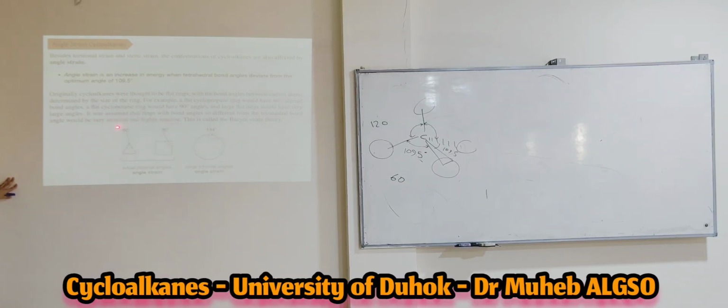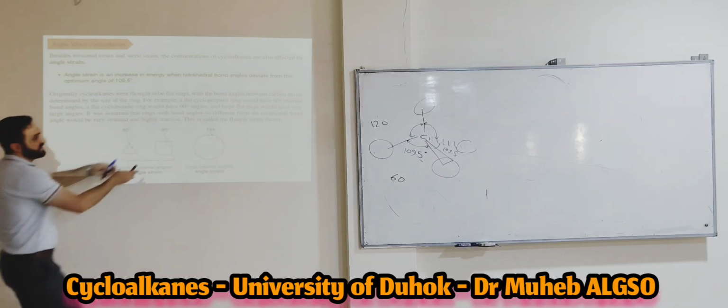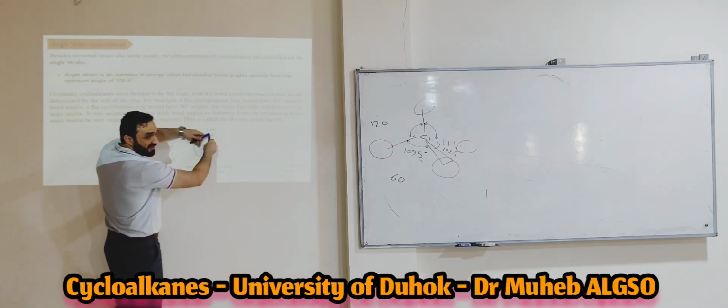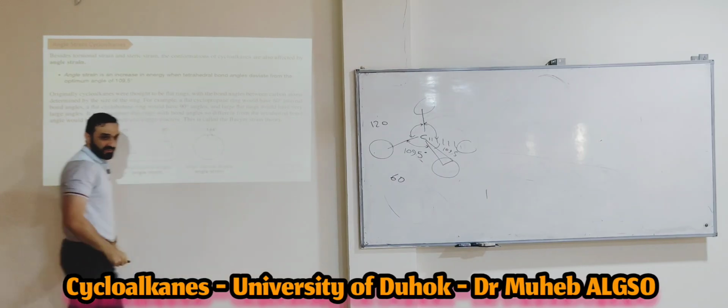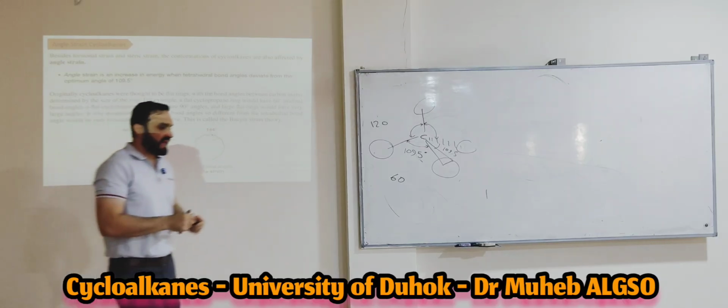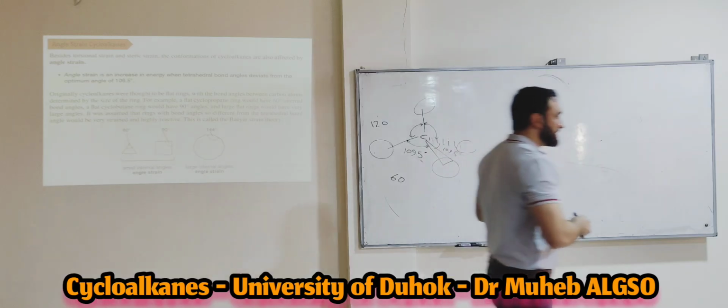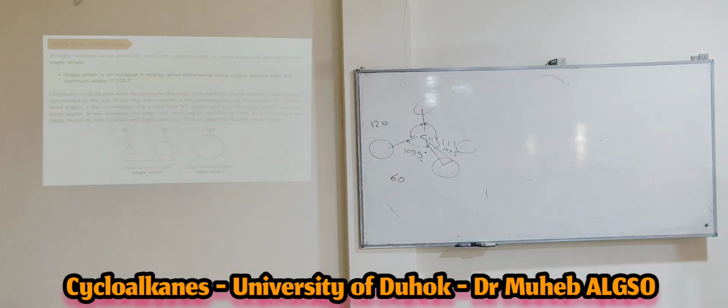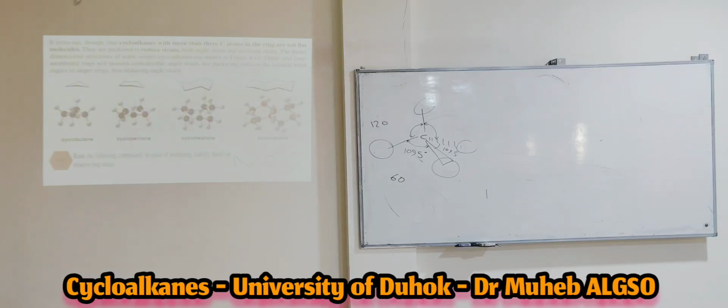Look, I opened the angle, so we have strain here. This is called Baeyer strain theory, and it had a weak point: it assumes all the atoms are in the same plane, but in fact that is wrong.